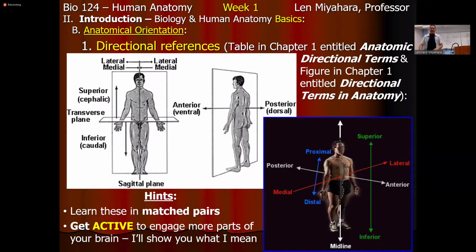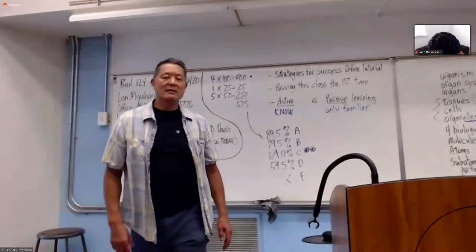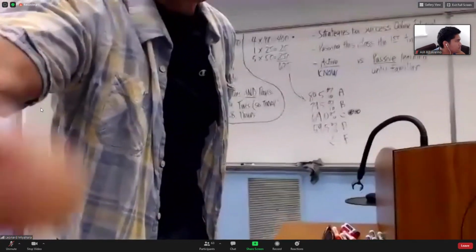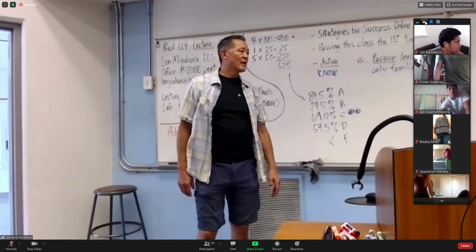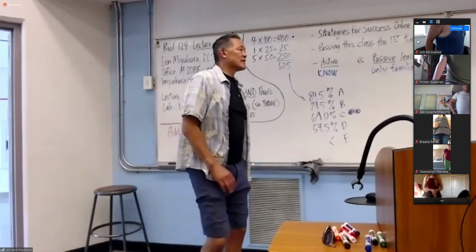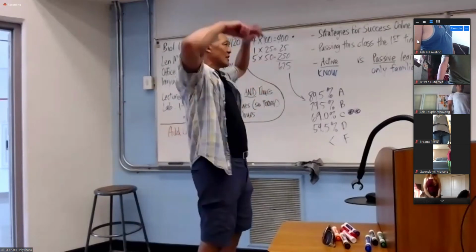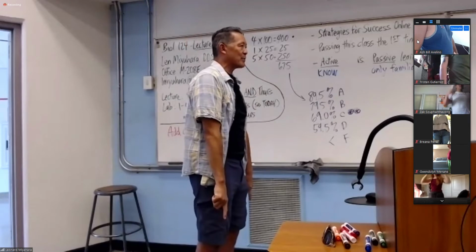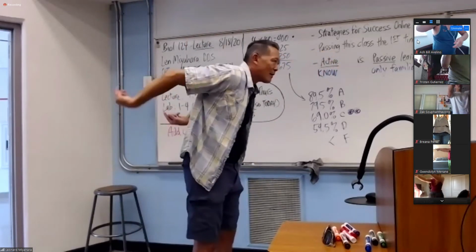You want to see how to get active? Stand up. Okay, here we go. Say it out loud. Superior. Superior. Inferior. Match pair. Anterior. Posterior.